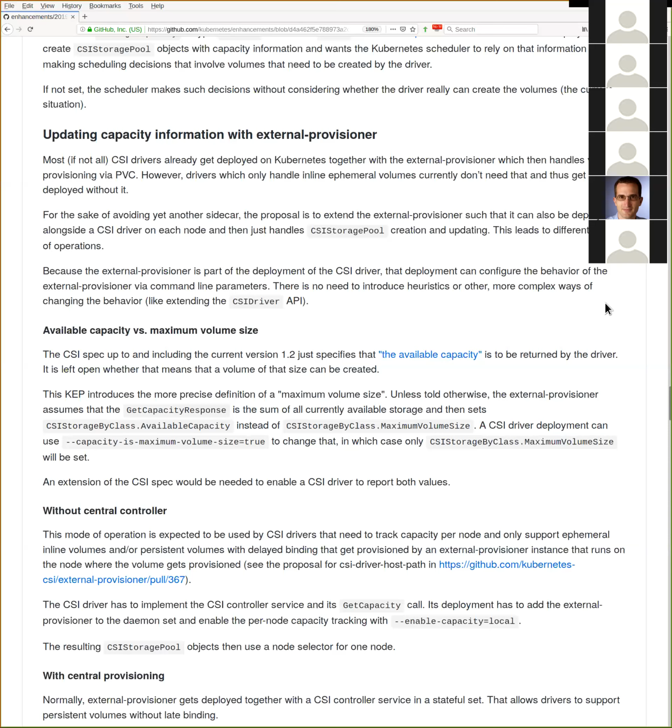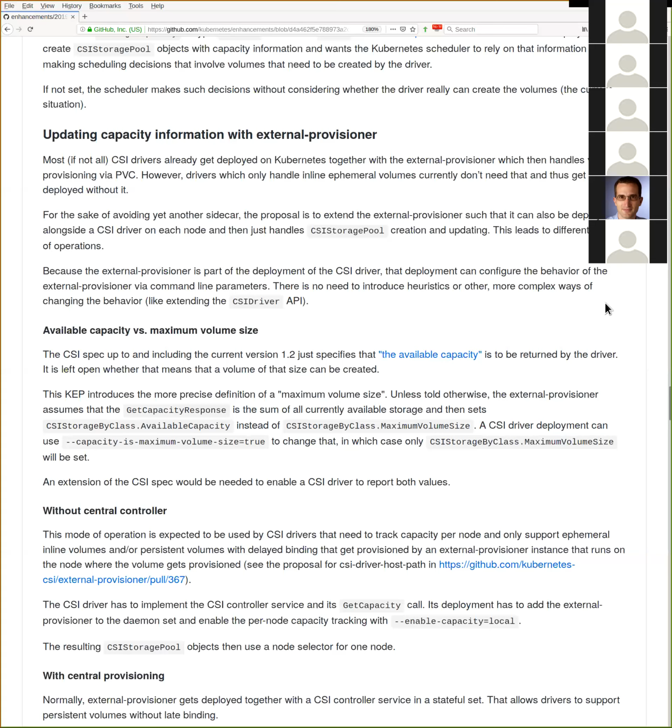This will be one of those situations where we need some new API between the external provisioner and a CSI driver, which allows the external provisioner to iterate through those storage pools. In the CSI spec today, the capacity does have the storage class parameters and it has a topology in it.